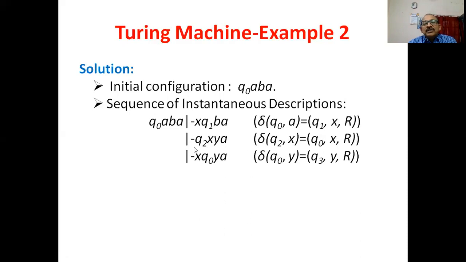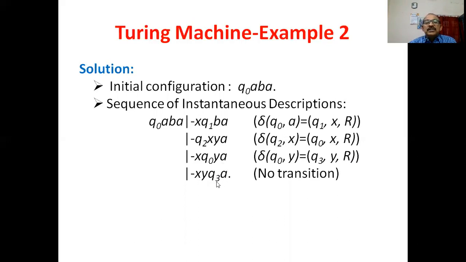Q0 is the current state, and the symbol under the tape head is Y. So Q0 Y A. Machine in state Q0, the symbol under the tape head is Y, then the machine moves to the state Q3, replaces this Y by Y and moves right. Is it clear? This is X, Y, Q3 and A. The symbol under the tape head is A. So Q3 A. Is it clear?